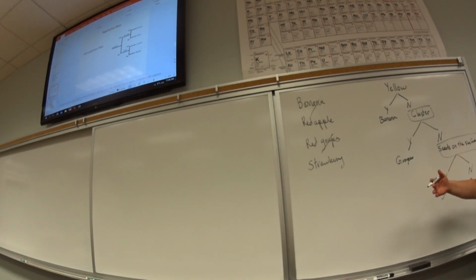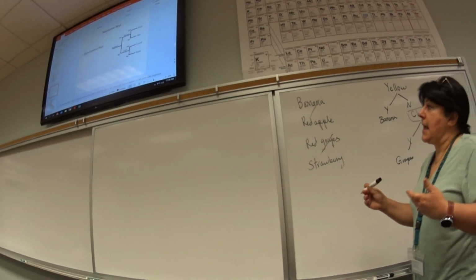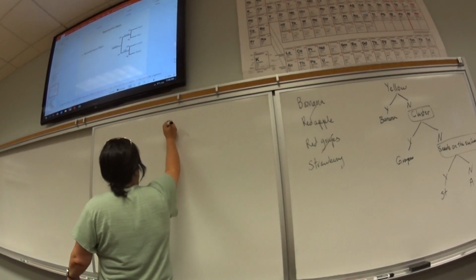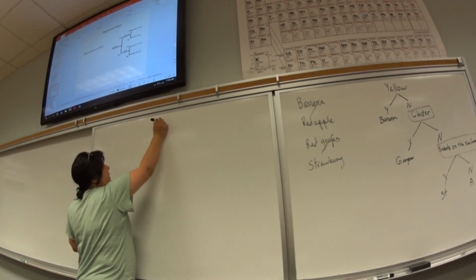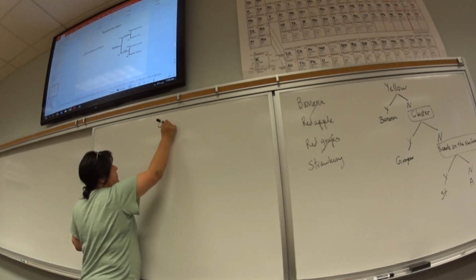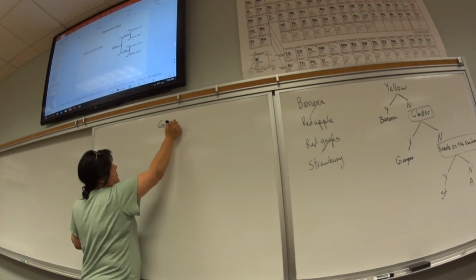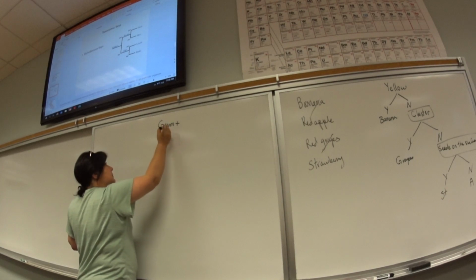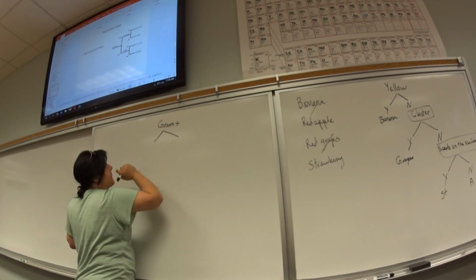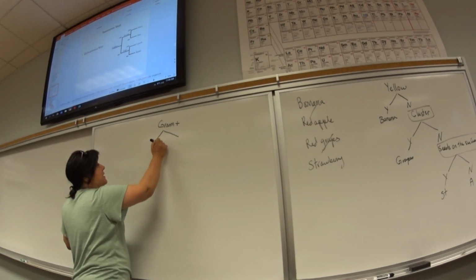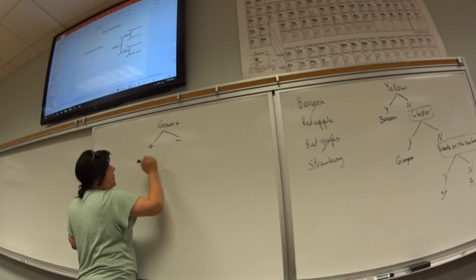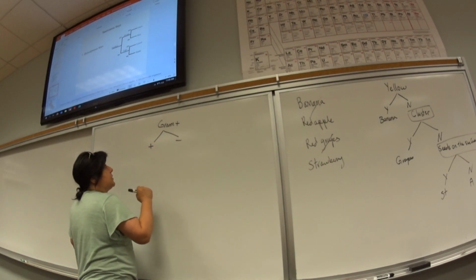For you guys, when you're going through this, you basically will start with the Gram stain. So you can say Gram positive, yes or no, or you can actually start with going positive, negative. It's up to you.